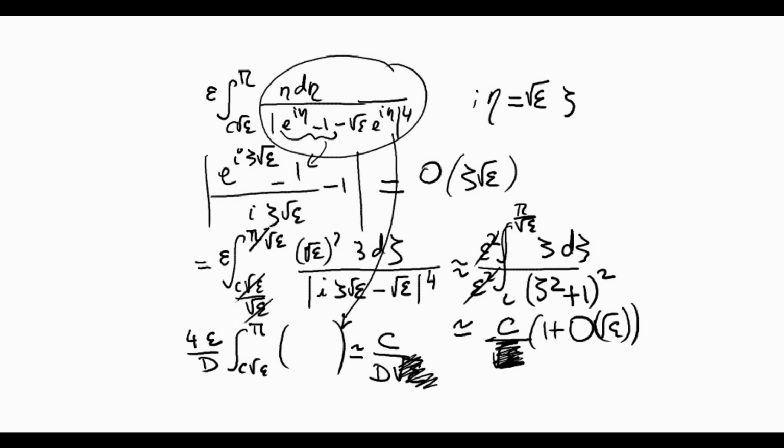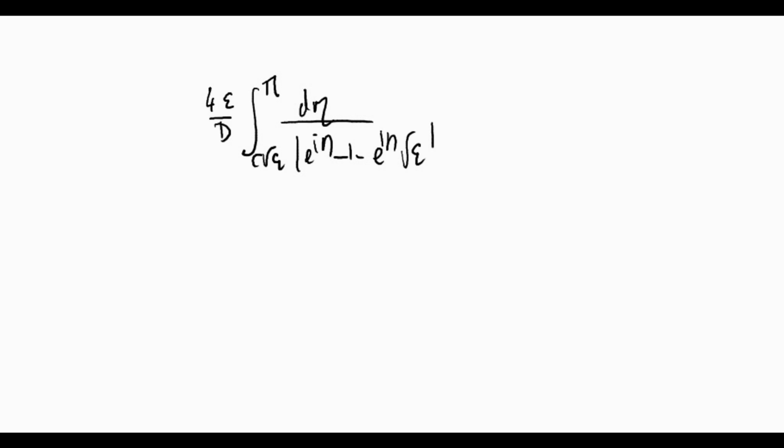Similarly, the other integral, which is 4 epsilon divided by d, the integration from c square root epsilon to π of dη over exponential iη minus 1 minus exponential iη square root epsilon. So in this case we are going to get a constant divided by d square root epsilon. So in summary, this is obviously the leading order term.